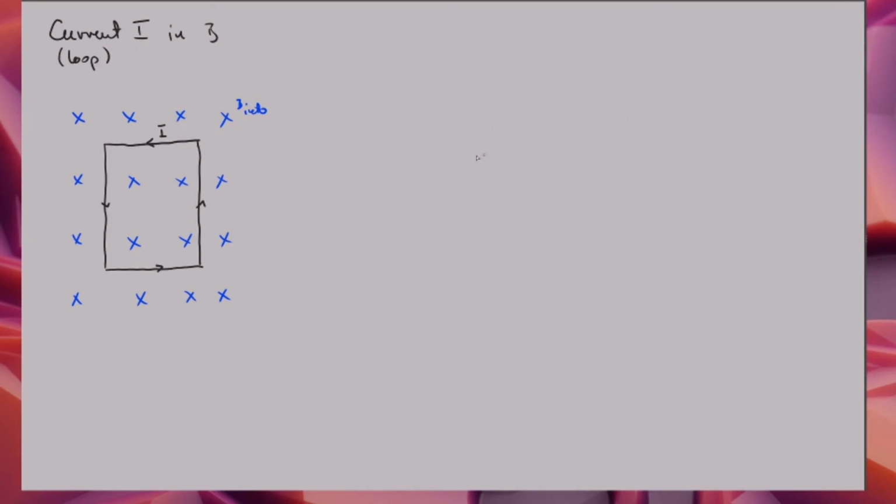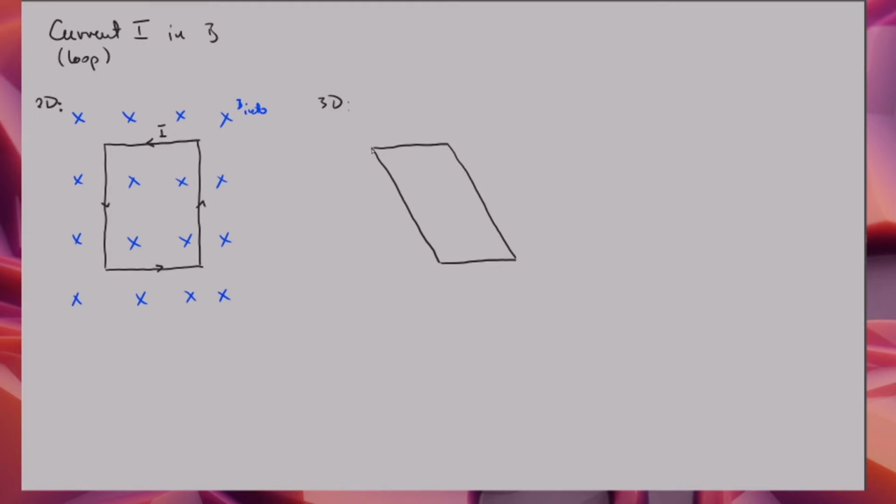Suppose that you have this loop drawn in, so this is 2D. Now in 3D, I would draw it like this. Here's the loop, along some diagonal. That side, and this goes down. Comes down here. Okay.